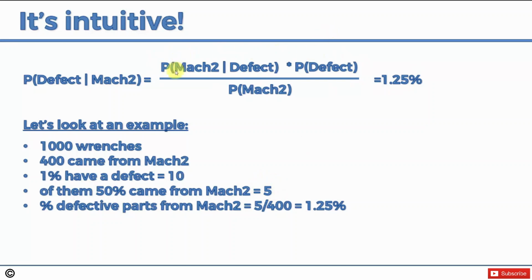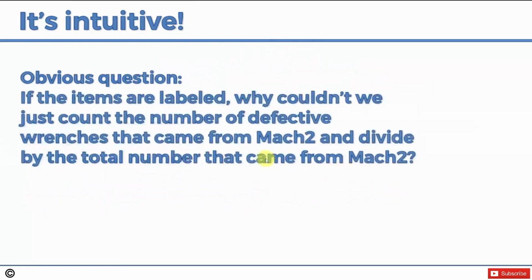So the top is actually the number of defective parts that came from machine 2. At the end of the day, we're doing that exact thing. The question is, why couldn't we do it right away? Why couldn't the workers just go and count the number of defective parts that came from machine 2 and divide it by the overall number of parts that came from machine 2? Why not save some time?